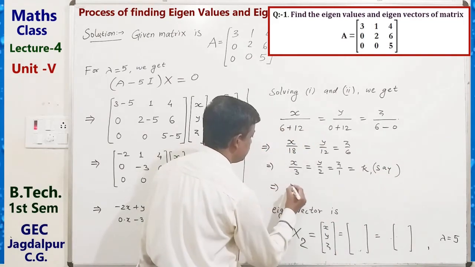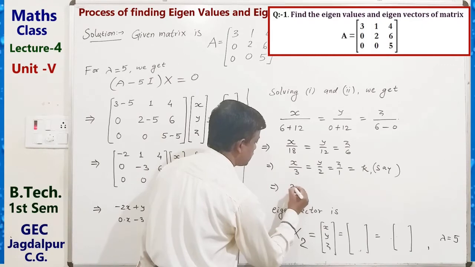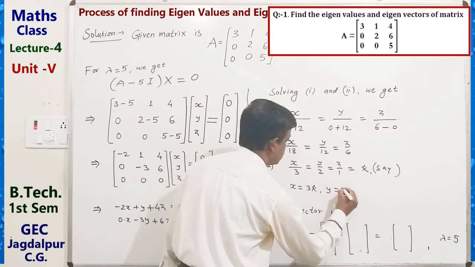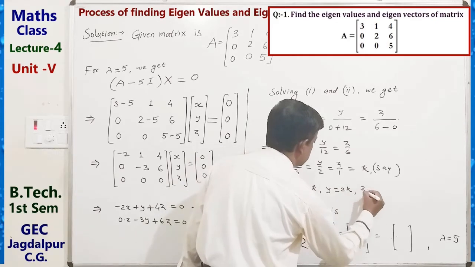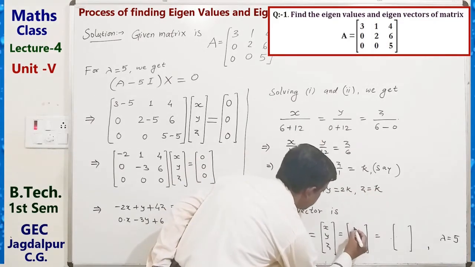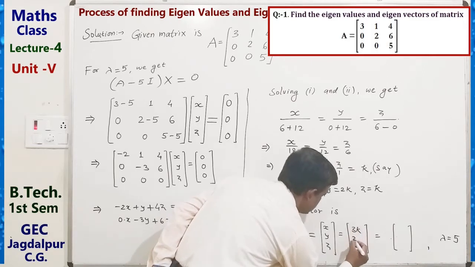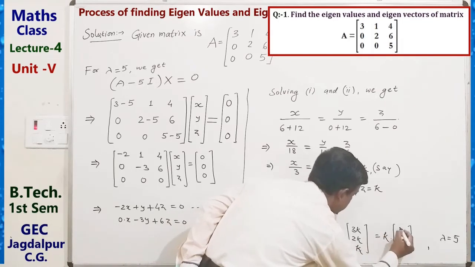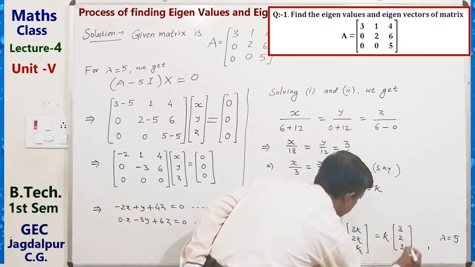So it will give x equals 3k, y equals 2k, z equals k. So here 3, 2, 1. 3k, 2k, k. So k can be taken common. 3, 2, 1.